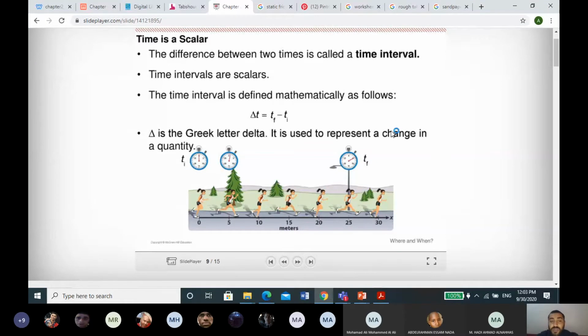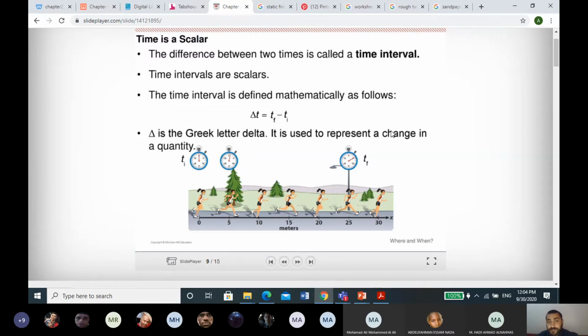So the time separating a starting and an ending point, initial and final point, we call the time interval between 2 points. If I'm going from Jeddah to Riyadh, I start my journey at 7 o'clock and reach Riyadh at 12 p.m. So the time interval is 12 minus 7, which is 5 hours.